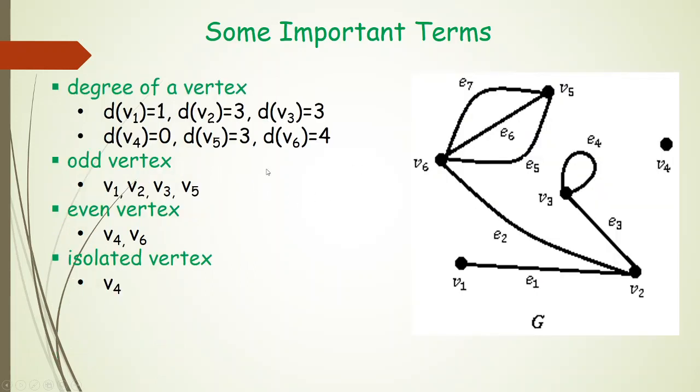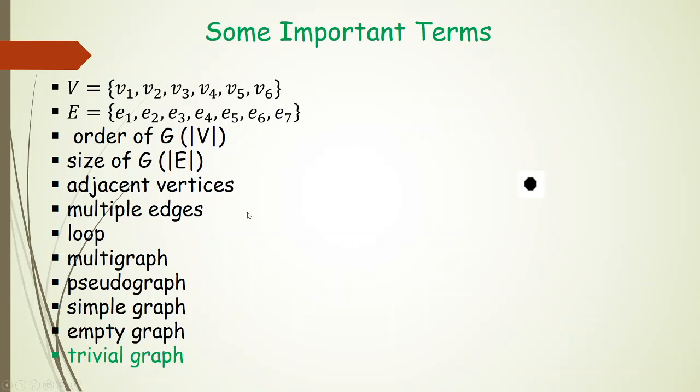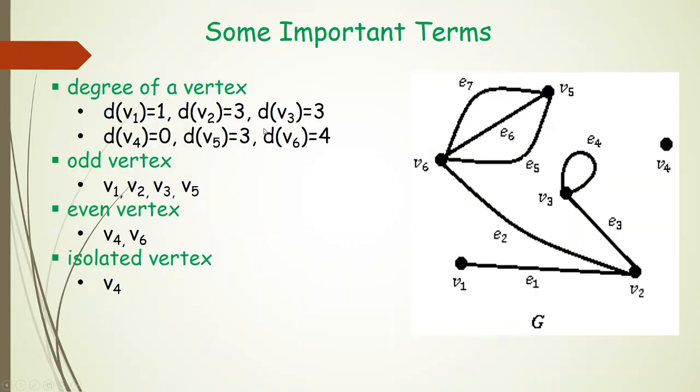And then next we define what a degree of a vertex is. A degree of a vertex is the number of edges incident to it. So I haven't defined when we say that an edge is incident to a vertex. We say that an edge is incident to a vertex if it is connected to that vertex.